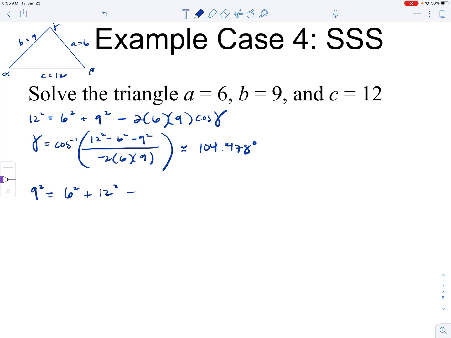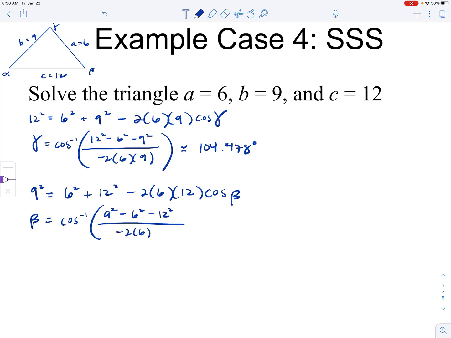Okay, so let's do beta next. 9 squared equals a squared plus c squared minus 2 times a times c times cosine of beta. So beta is equal to inverse cosine of 9 squared minus 6 squared minus 12 squared divided by negative 2 times 6 times 12.